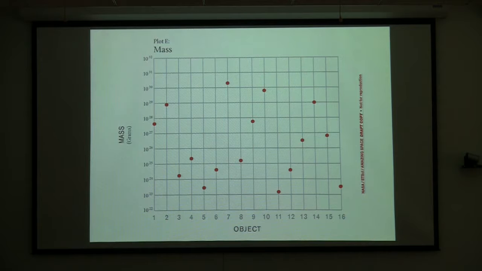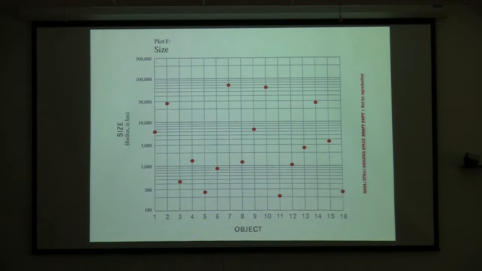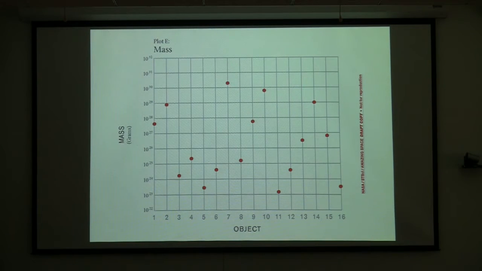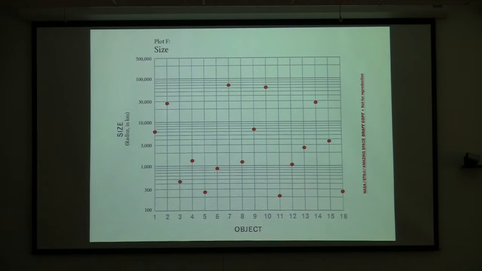Here's plot E, plot F. E, F. PowerPoint is really good for doing blink comparisons. It's not good for a lot of other things, but it's really good as a blink comparator. What do we notice? We see that correlation: the pattern in mass is the same as the pattern in size.